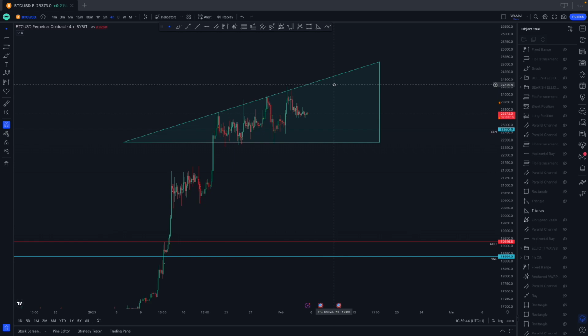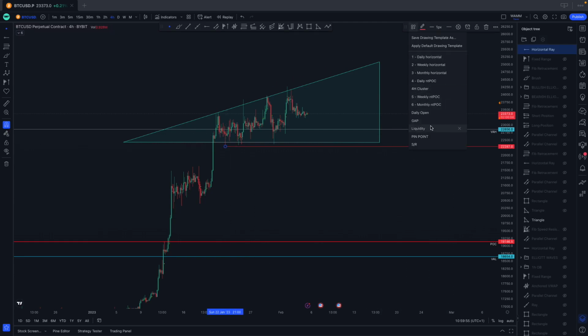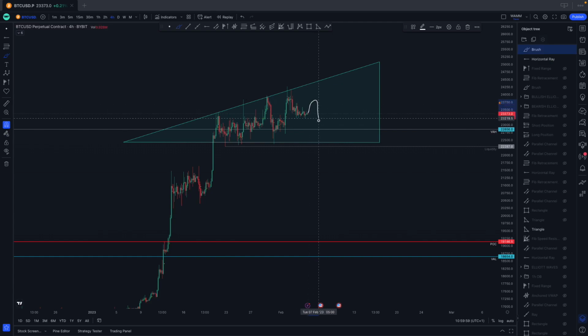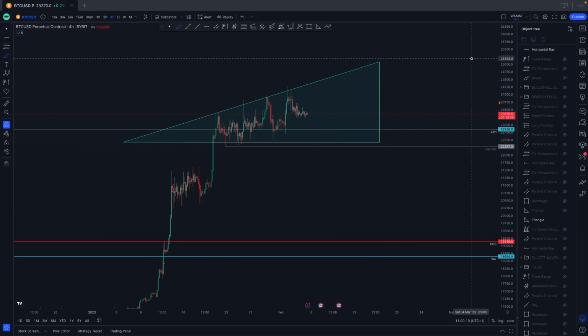It's hard to say what we'll see, but we can watch these lows where we have the liquidity, so we can definitely see some move down, a fake out of the triangle, taking the liquidity and following upwards. It can definitely happen.